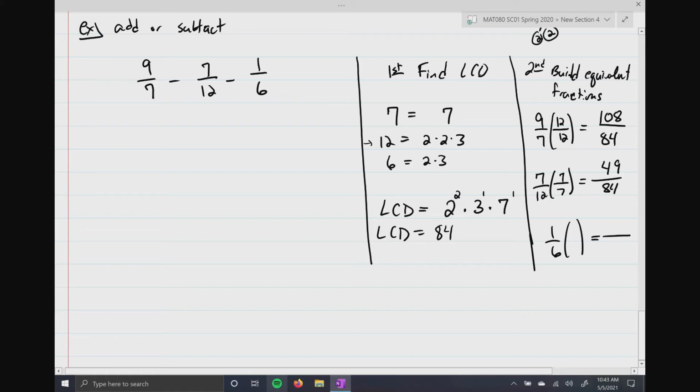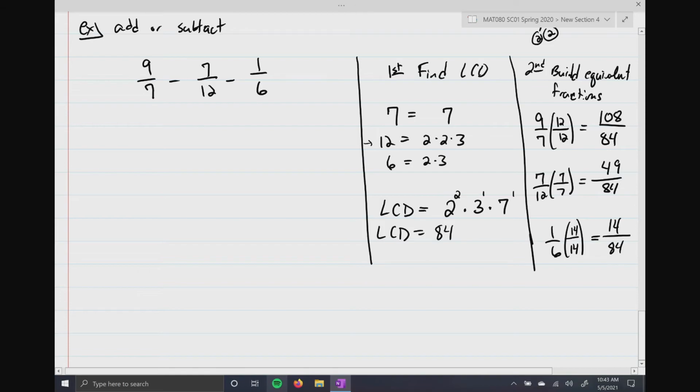All right, the last number is 1/6. I know I want an 84 for a denominator. So I'm going to have to multiply this 1/6 by 14 over 14. Does that make sense so far, everybody? So I get 14 over 84.